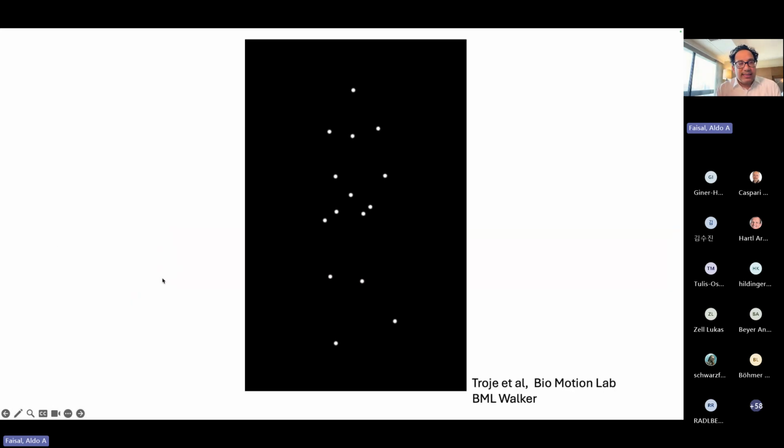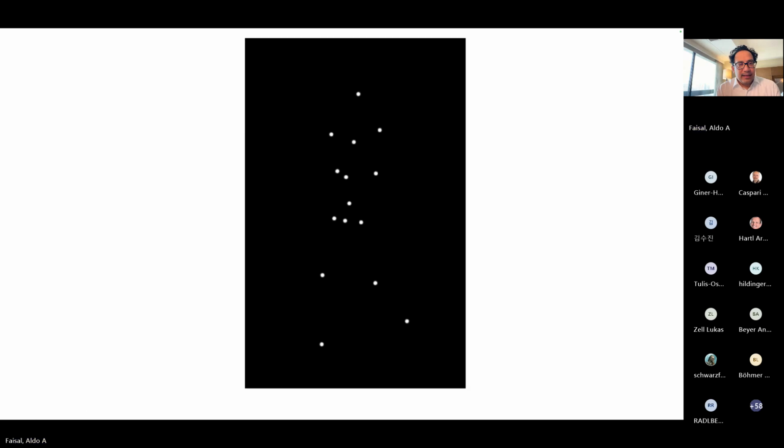So look at this set of dots that move. Okay, your brain, of course, you're very good at interpreting other humans' behavior. You see here a man or a woman walking. Let's look at another person. Let's look at this person here. This person seems to be probably relaxed and in a good mood, potentially.